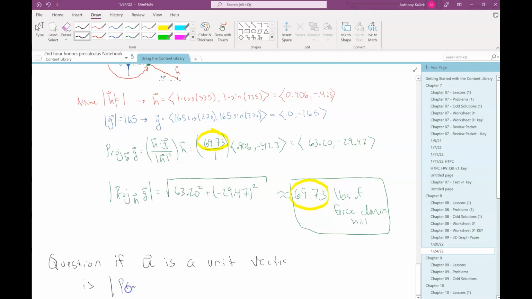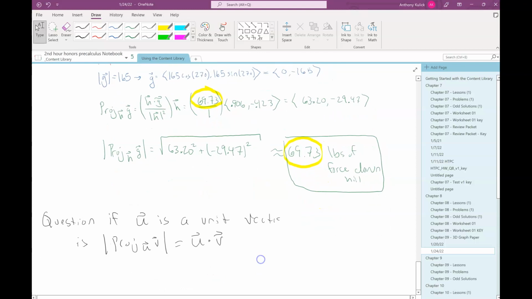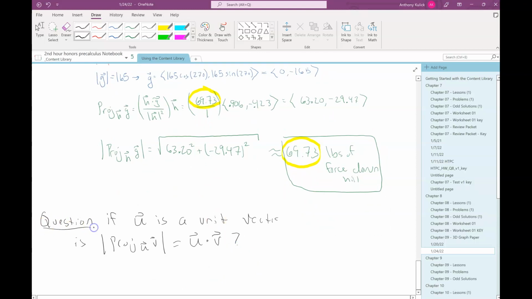Is the magnitude of the projection of V onto U equal just the dot product of U and V? Because that's what we're observing here, right? H was a unit vector, so the magnitude of the projection onto that unit vector was just the same as the dot product.